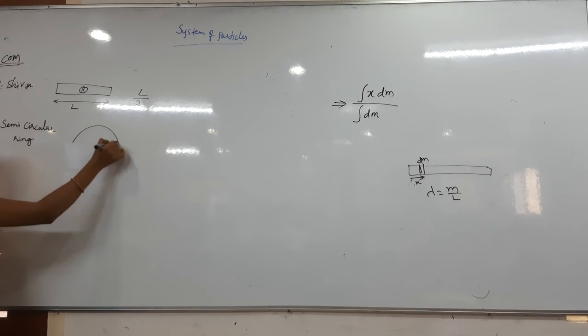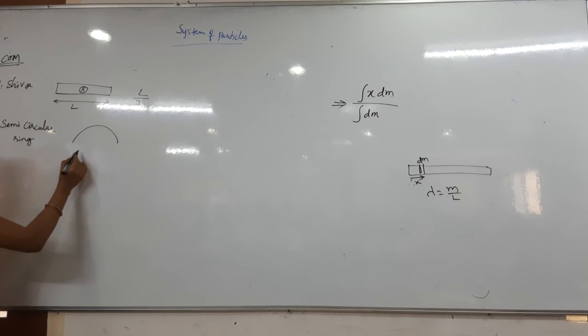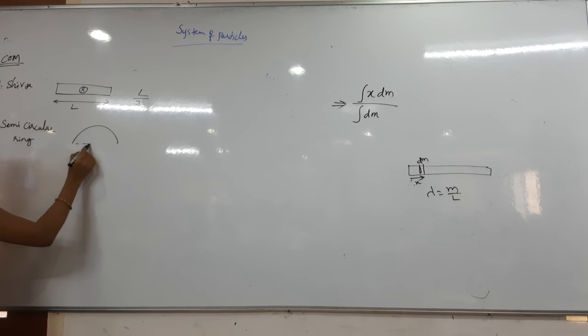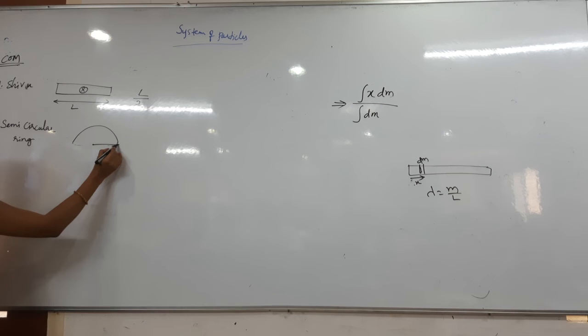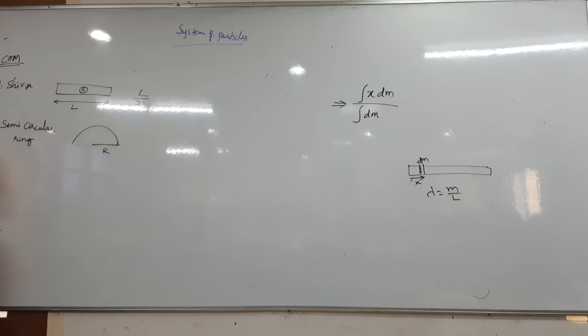The semicircular ring. The ring of radius r, by the way, where will the center of mass lie? The center cannot lie here. Why? Because the mass is present here, so it will be near the mass.